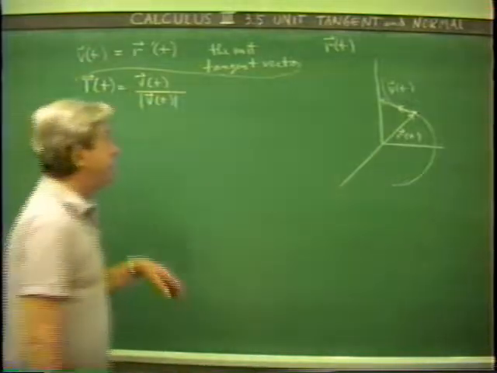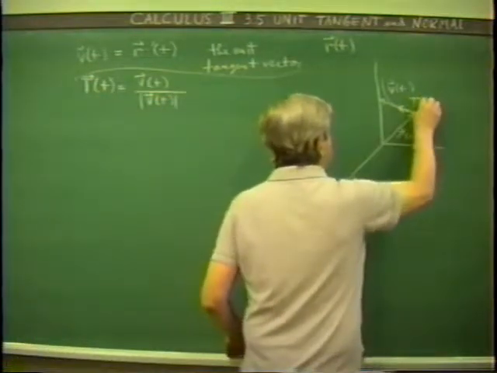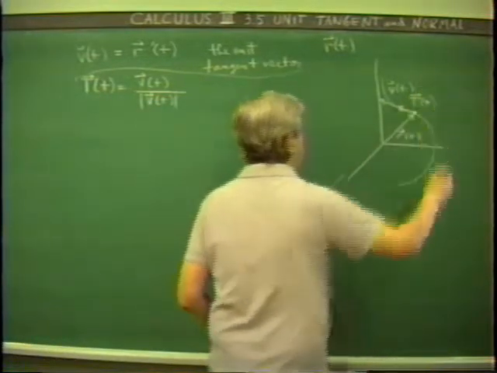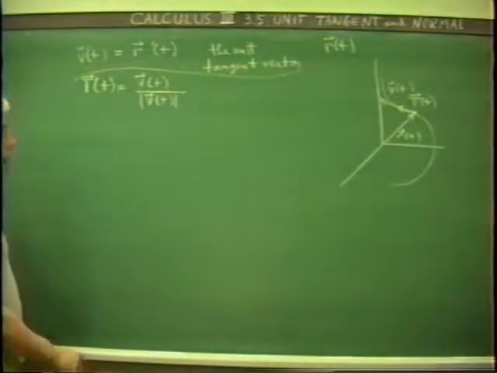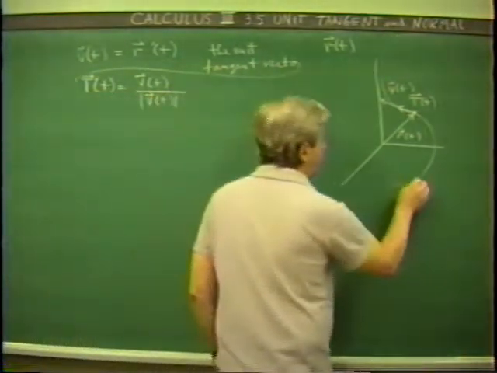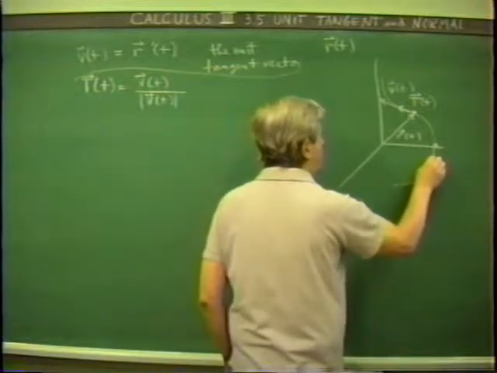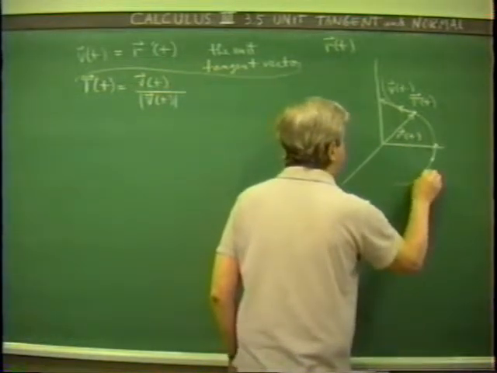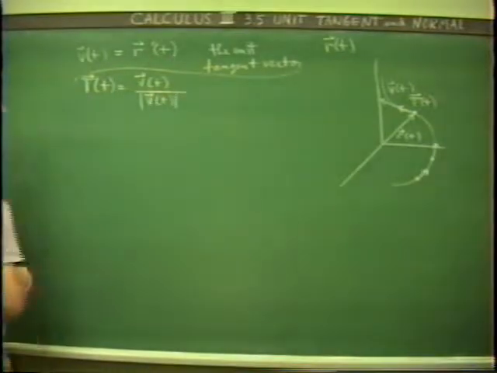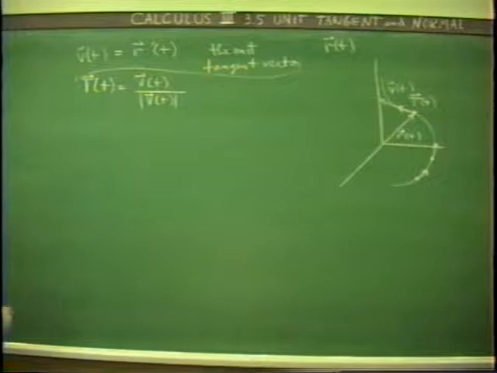This will result in a vector that has unit length. So we've got a unit tangent vector here at each point on the curve, pointing in the direction of the motion. Okay, so that's t of t.